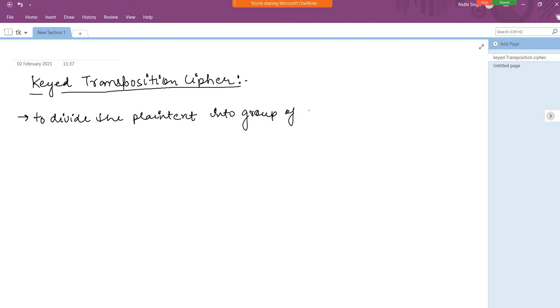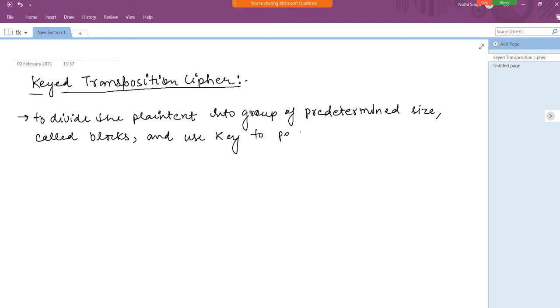And because we are talking about a key transposition cipher, you need one key, and you use the key to permute the characters in each block separately.